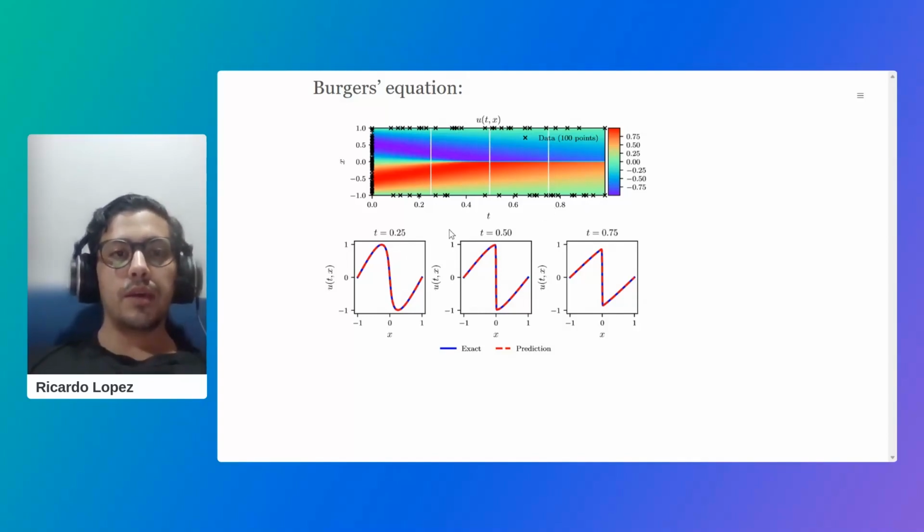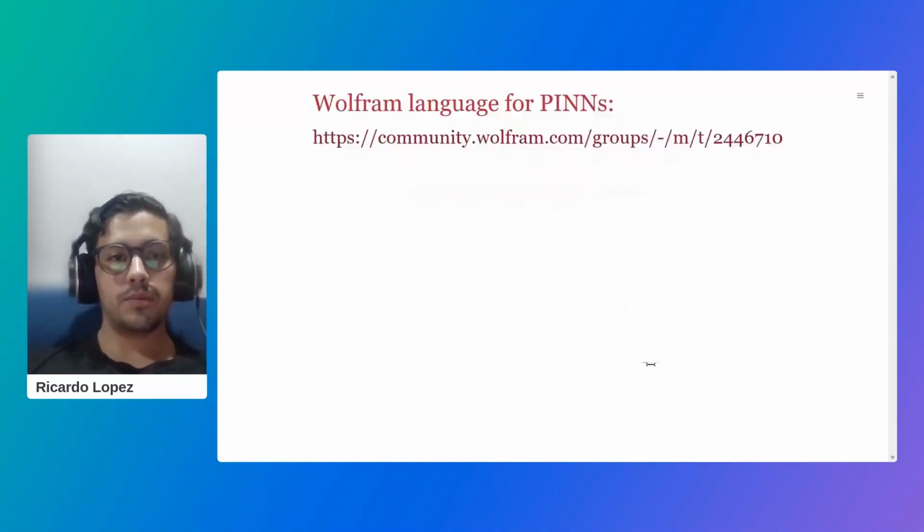And as you can see, the physics informed neural network does a very good job in the region where there is no training data. If you want to see how this looks in the Wolfram language, you just need to go to this post that I will leave here, so you can check it out.